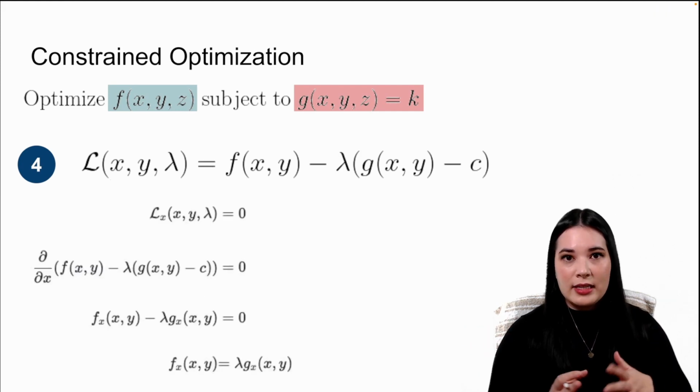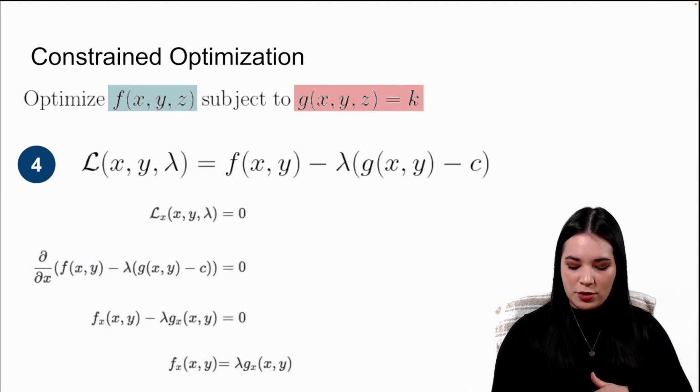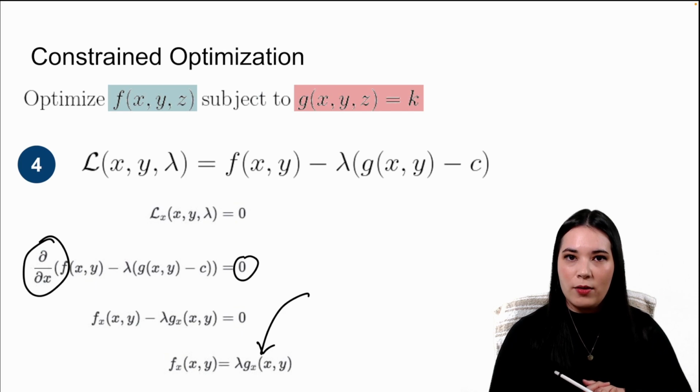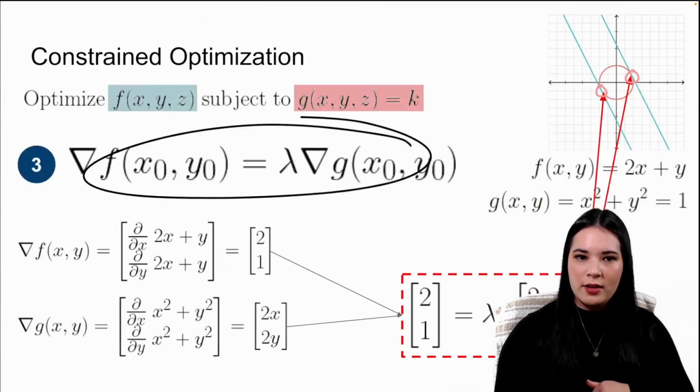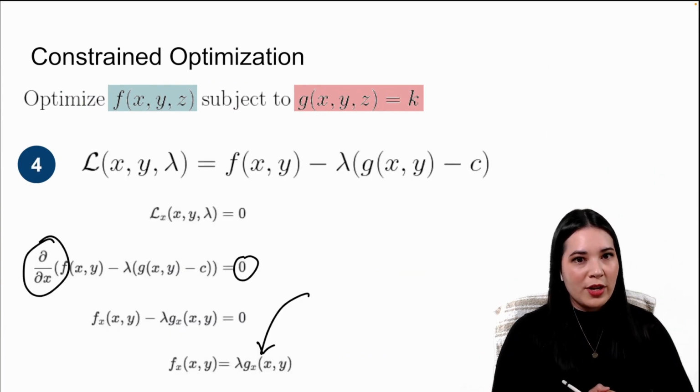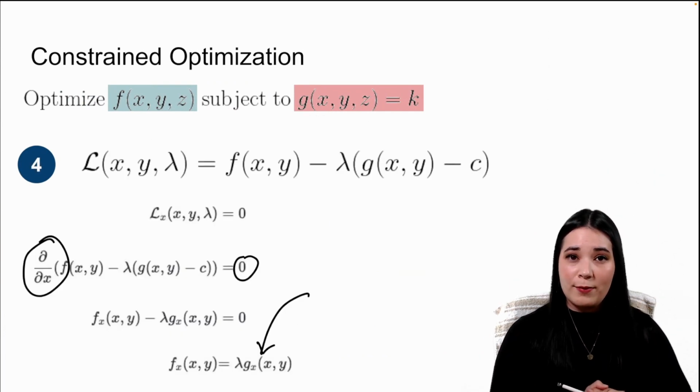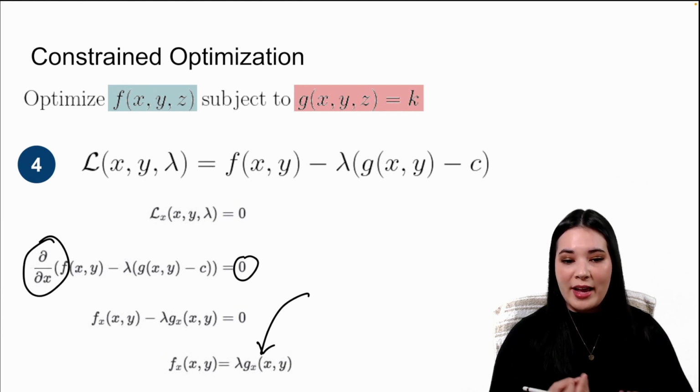Interesting. Next, if we do the same thing with the partial derivative with respect to x and set that equal to 0, another familiar thing pops out. This looks a lot like this function. And that's because it is. And without spoiling anything, if you plug in the partial derivative of the Lagrangian with respect to y, the same thing pops out, but with y.